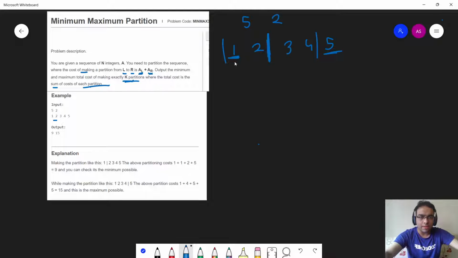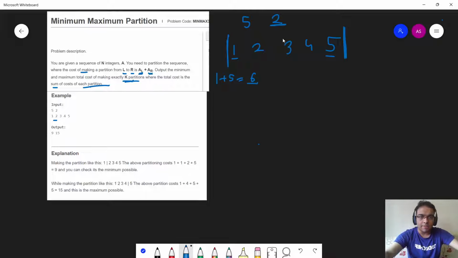Because of the first partition, my first element will be included, and because of the last partition, my last element will be included. When there are no partitions, the entire array is just one partition, and the first and last elements are included. So initially my answer is fixed: 1 plus 5, which is 6, in only one partition. But then my partitioning is 2.